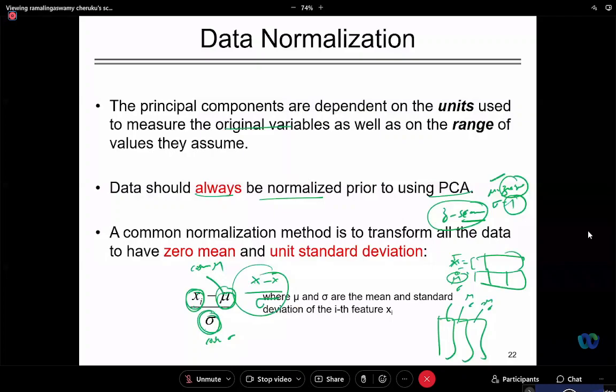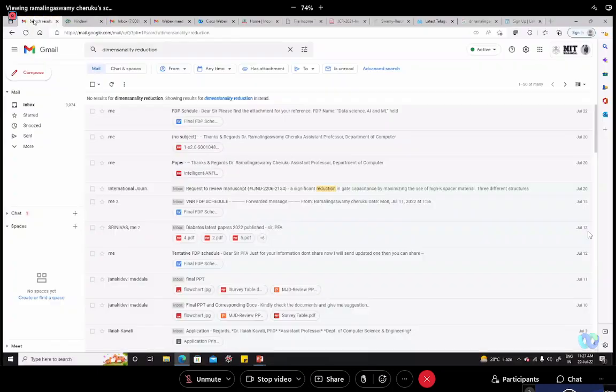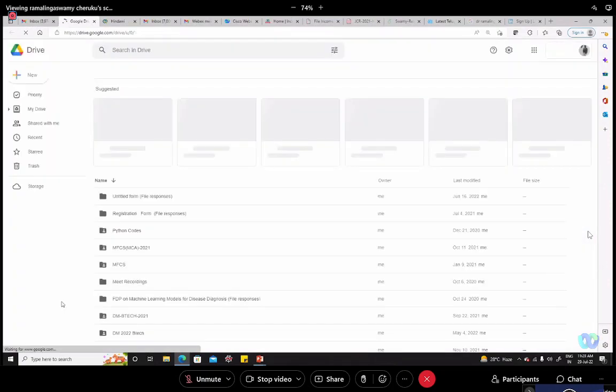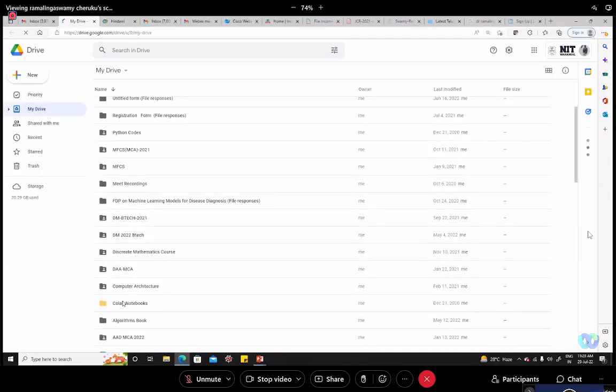Now let us look at its implementation in Python. I'm using the Google Colab platform, where you don't require to install any Python or Anaconda.